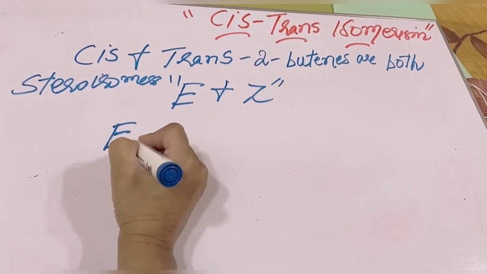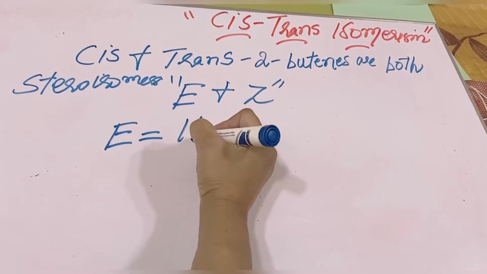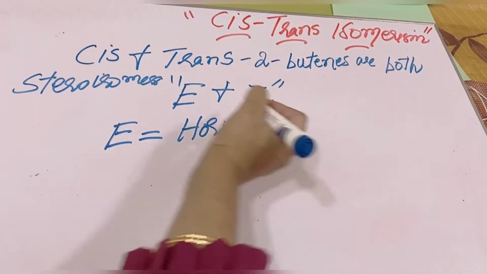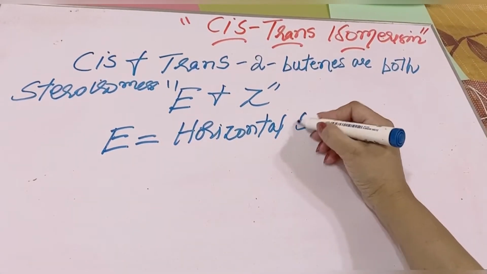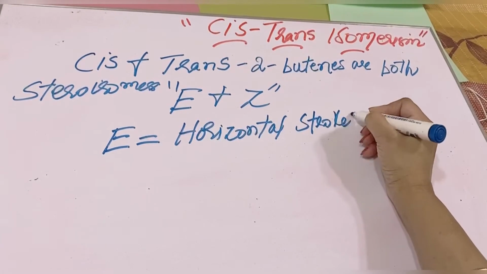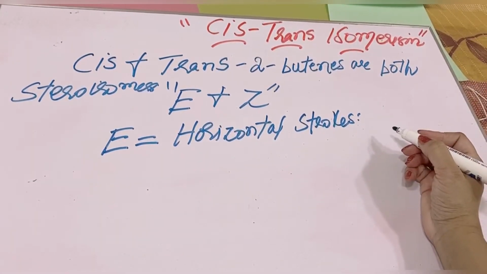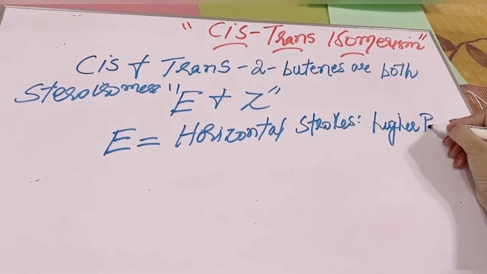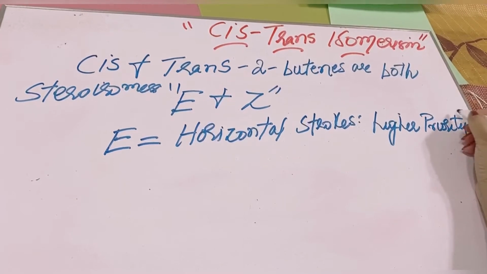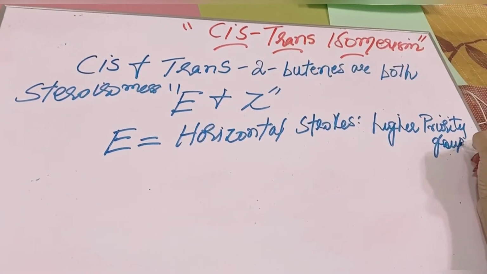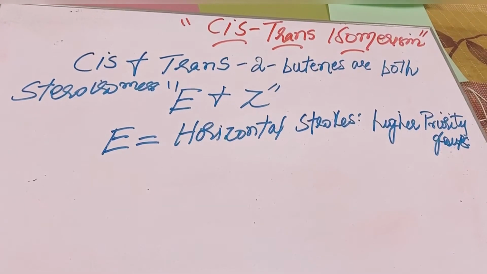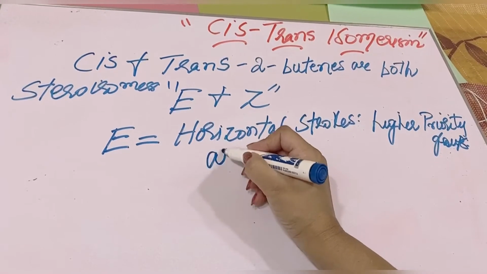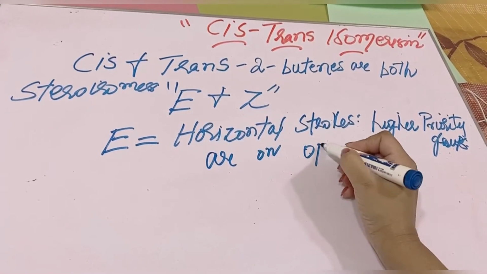E refers to higher priority groups that are on opposite sides.